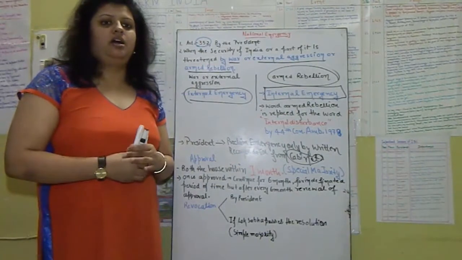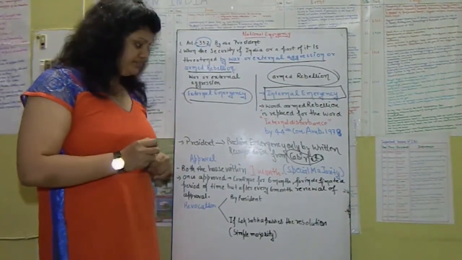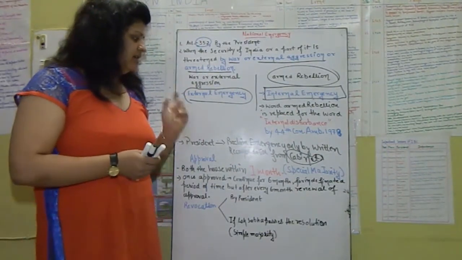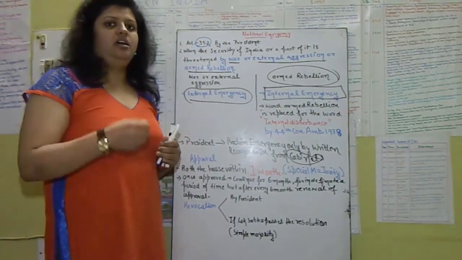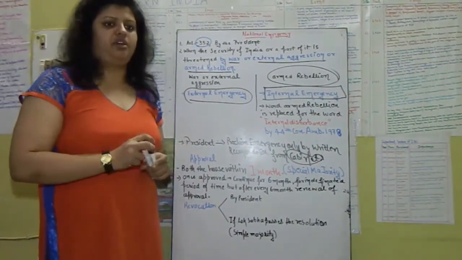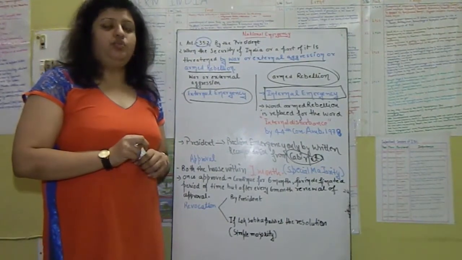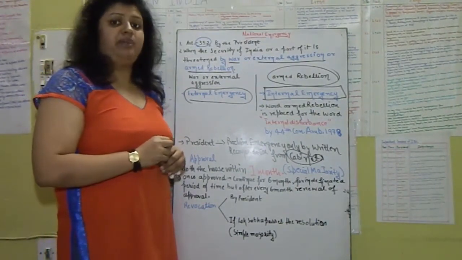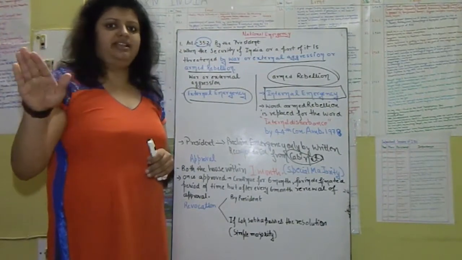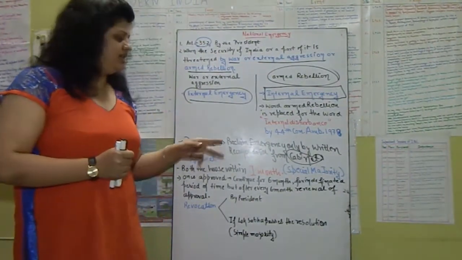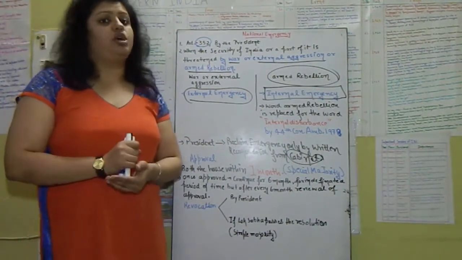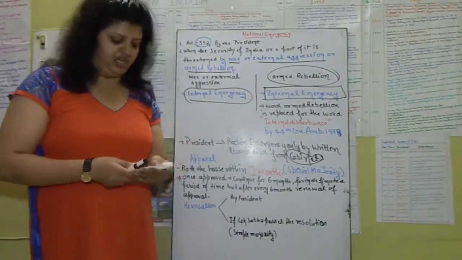So please watch that video. So the President can proclaim emergency only when he gets a written recommendation from the Cabinet. So merely on the advice of the Prime Minister, the President cannot proclaim national emergency. Now this provision is also added by the 44th Constitutional Amendment.